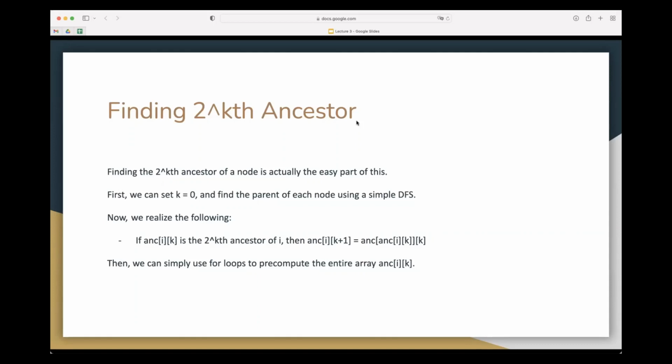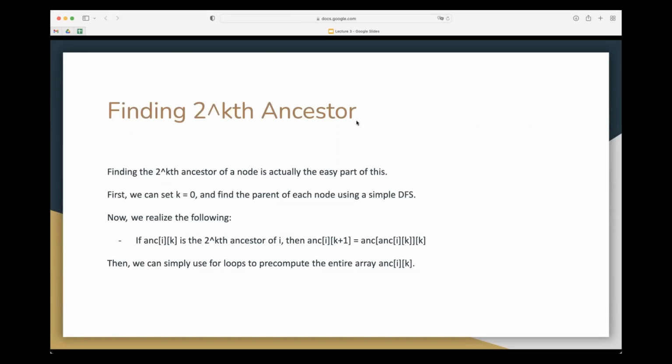After that, we use the following formula. If anc[i][k] is the 2 to the kth ancestor of i, that means that anc[i][k+1] is equal to anc[anc[i][k]][k]. What does that mean? Well, if you take the 2 to the kth ancestor, and then you take the 2 to the kth ancestor of that, you'll get the 2 to the k plus 1 ancestor.